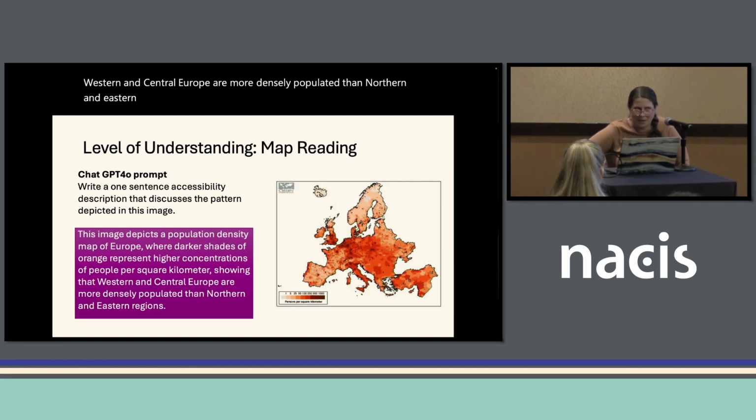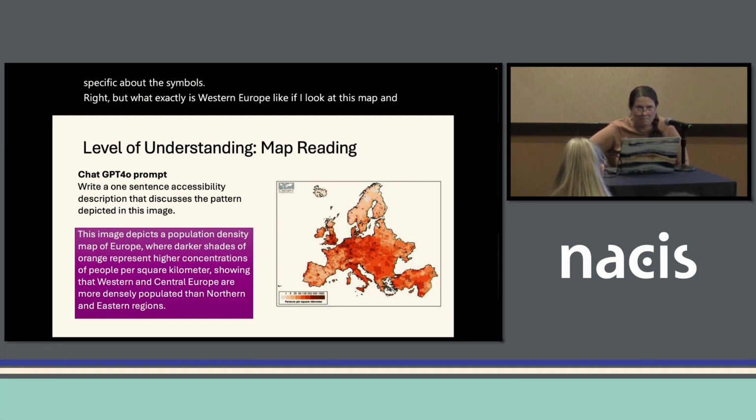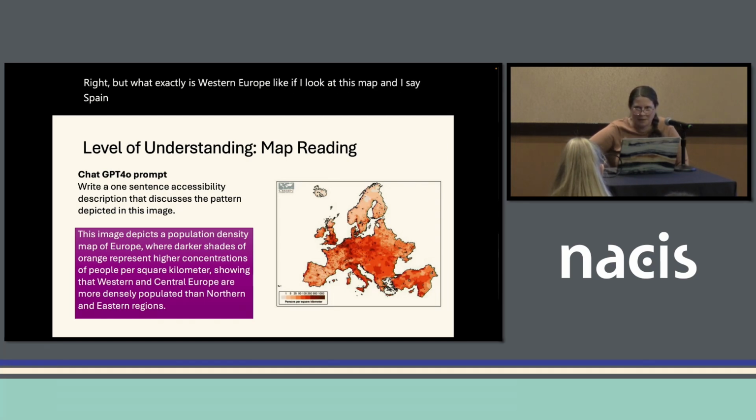Okay, so is this a better or worse description? In some ways it's better, in my opinion. It's now saying something more specific about the symbols. But what exactly is Western Europe? If I look at this map and I say Spain, I would normally consider that part of Western Europe, and it doesn't have higher density.